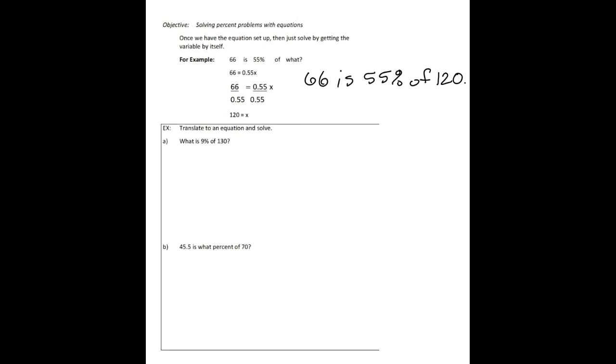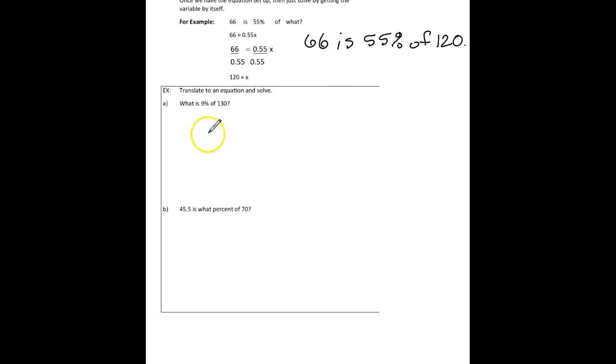Okay, so now let's look at a couple. What is 9% of 130? So we're going to translate to an equation and solve. What is means equals, 9%, so 9 times 0.01, of, meaning times, and then 130. This is one of those interesting ones because it's going to solve right for us.